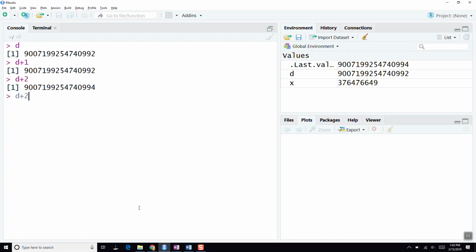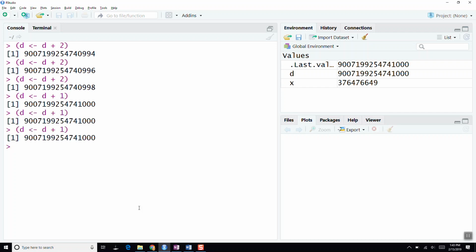And so I can try, okay, so we add 2, and this works, but if I try to add 1, it doesn't work, but if I do plus 2, it seems to work. What happened?